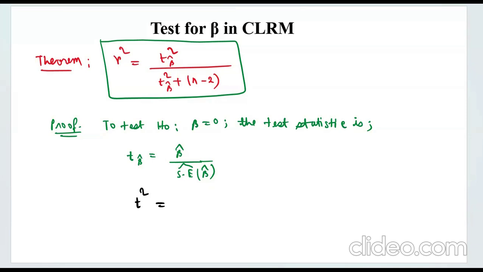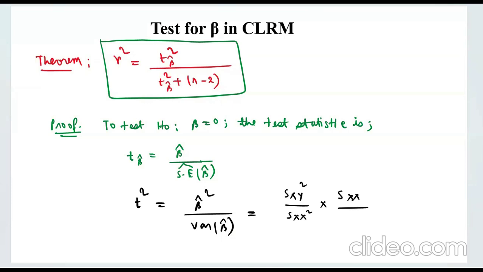What is T square? T square is simply beta cap square upon standard error of beta cap square, where standard error of beta cap square is the variance of beta cap. Now, what is beta cap square? Beta cap square is Sxy upon Sxx whole square. So, square of this, into the variance of beta cap, which is sigma cap square by Sxx, so this will be Sxx upon sigma cap square.